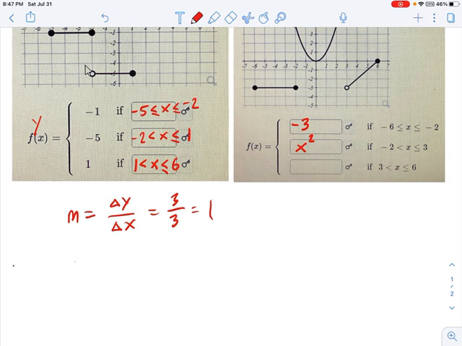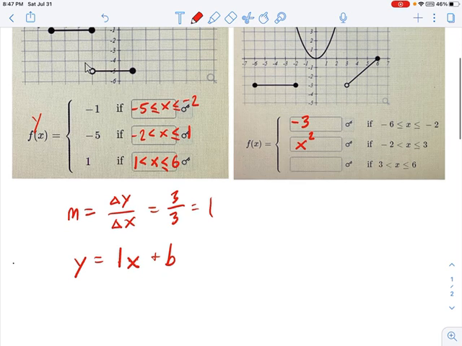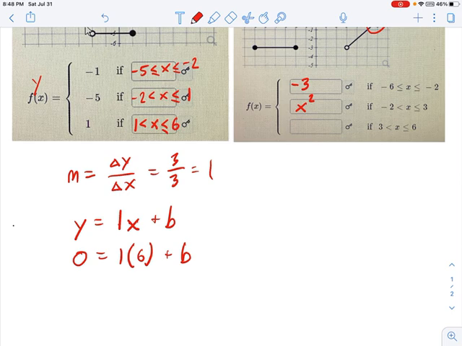And now we have to make an equation for it. Y equals 1x, that's mx, plus b. So what you do to figure out an equation is you just plug in a point. Once you know the slope, you plug in a point. And I'm going to take this point right here because it's easy. Y equals 0, x equals 6. Let's figure out what b is. This should be easy to solve. You get -6 equals b.